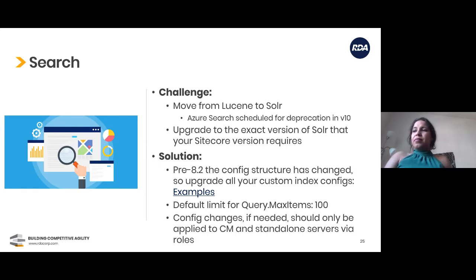Right. Even if you're using Coveo for your front-end search, don't forget that the content editor will use the master and web indexes, depending on where you are, like if you're on the Sitecore desktop, in the back end. So if you want to be able to find content, if you have a lot of it or a lot of fields, you're still going to want to maintain a good relationship with your default indexes.